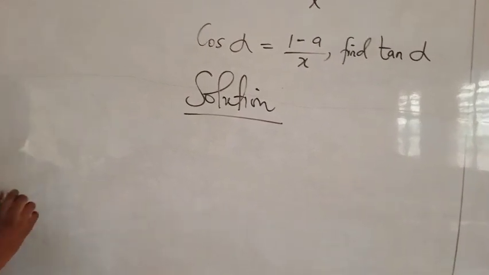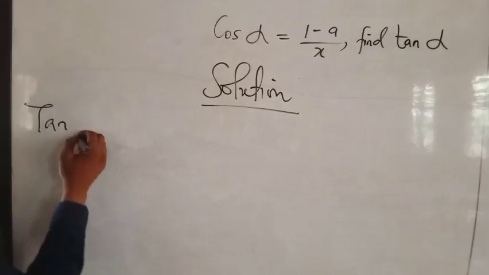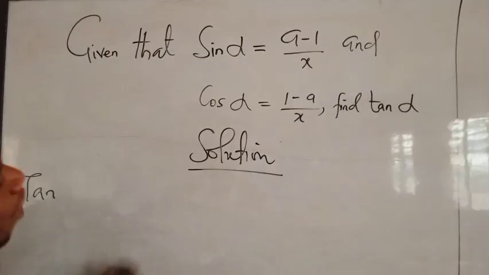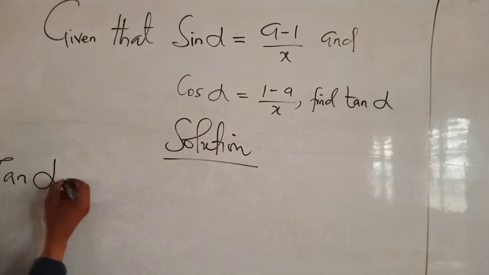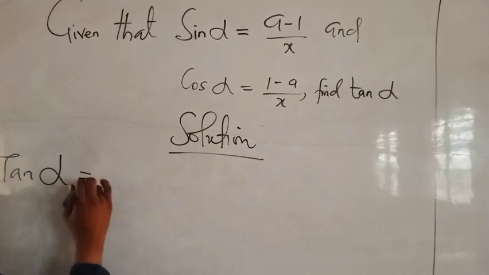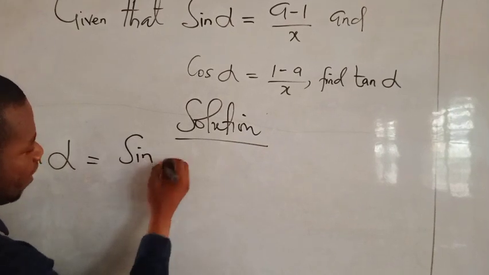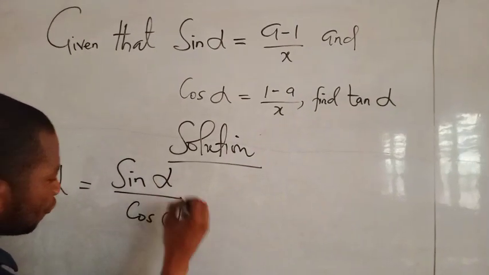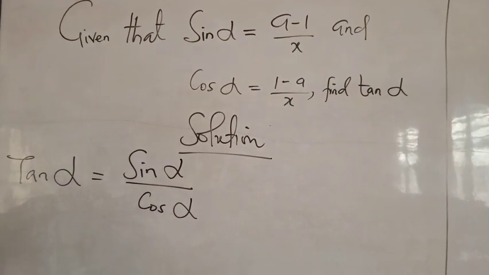And we cannot forget the fact that tan theta, or tan alpha, if you don't want to use theta, you can use alpha, is also equal to sine theta, or sine alpha, over cos alpha. These were what we were taught at the basis.